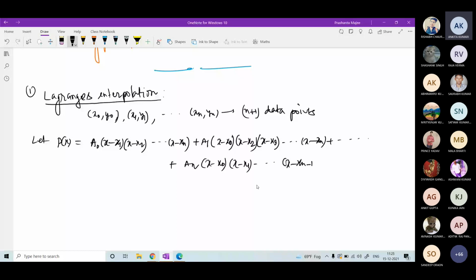See, in the first term the x minus x0 factor is missing, in the second term the x minus x1 factor is missing, in the n plus 1th term the x minus xn factor is missing. So tell me what is the degree of each term? Each term is a polynomial. What is the degree? N. So if you add n plus 1 polynomials with degree n, the resulting polynomial will again be of degree at most n.